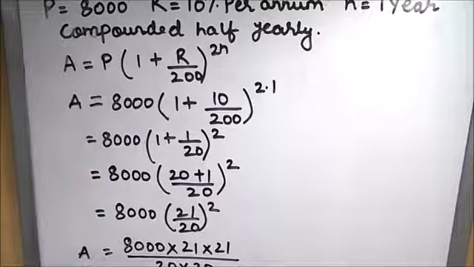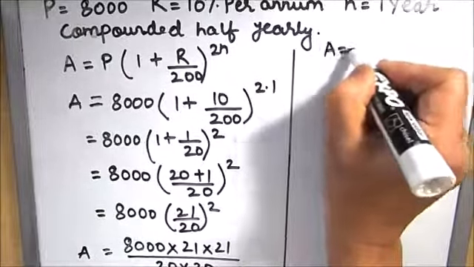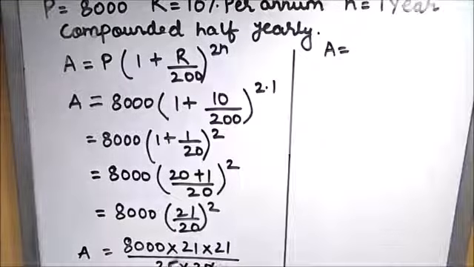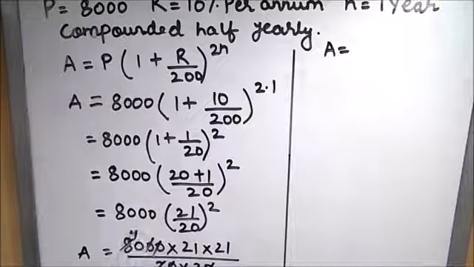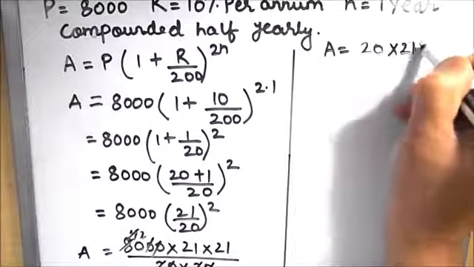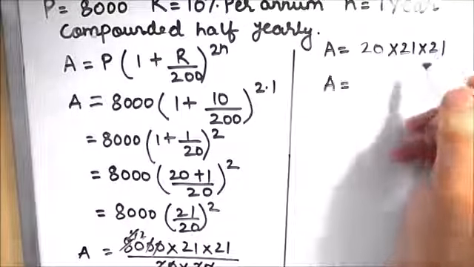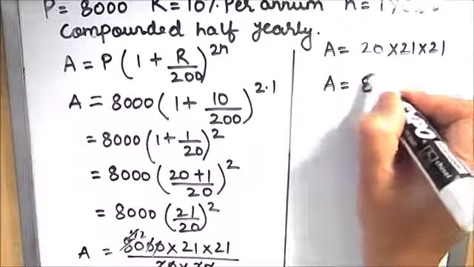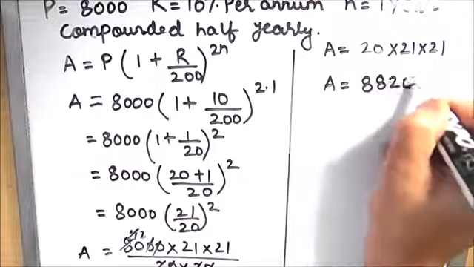This is our amount. So amount is equal to, these zeros get cancelled, 2 times 4 and 2 times 2. So this will be 20 times 21 times 21. Amount will become 8,820 rupees.